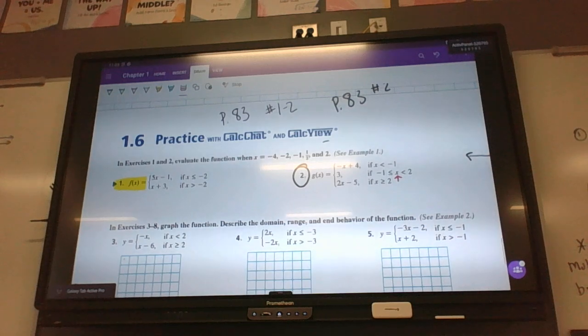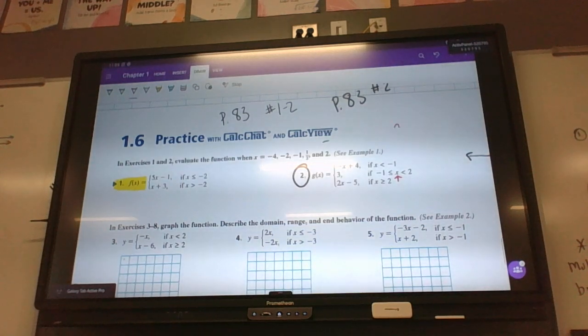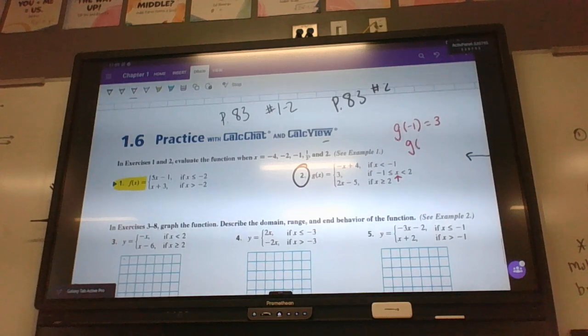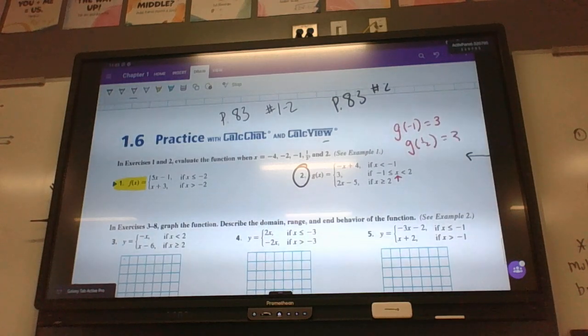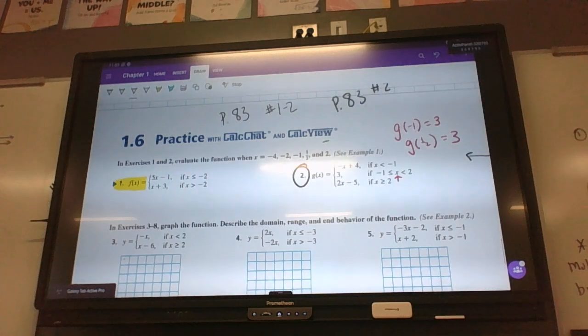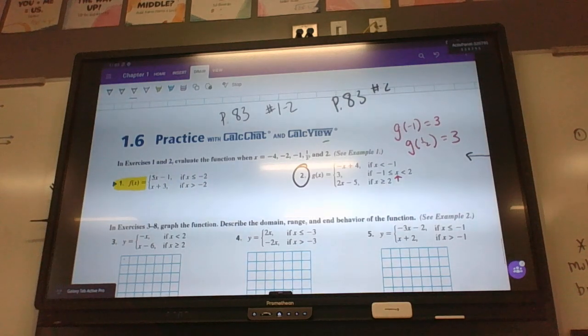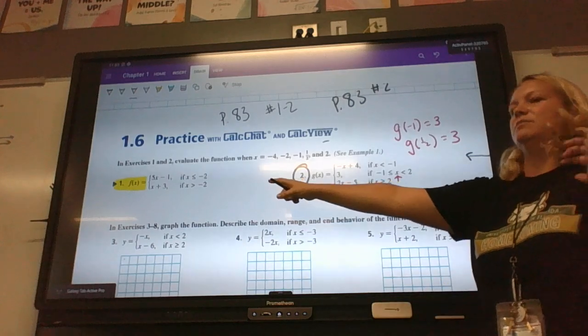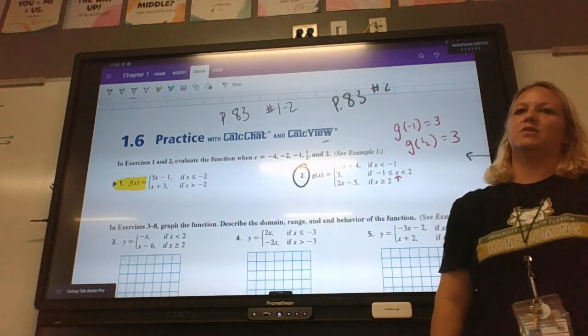So for this function, I'm going to say g of -1 equals 3 and g of 1/2 equals 3. You don't plug anything in, it's just 3. That's the hardest part. Don't look at that right now. Start with number 1. Try to figure out number 1 first.